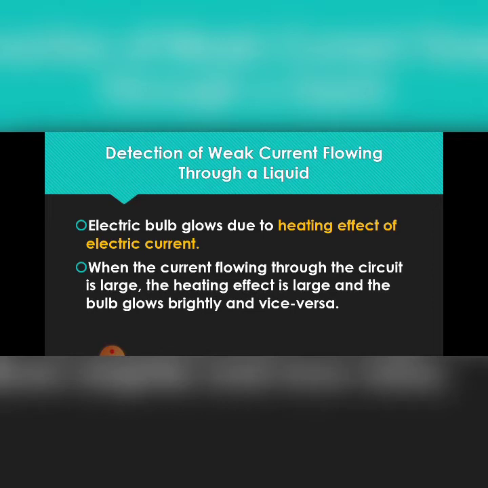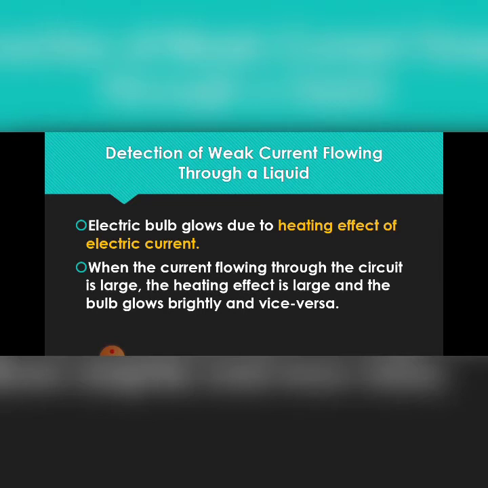The main reason is that the filament type bulb glows because of the heating effect of electric current. When the current flowing through the circuit is large, the heating effect is large and the bulb glows brightly.